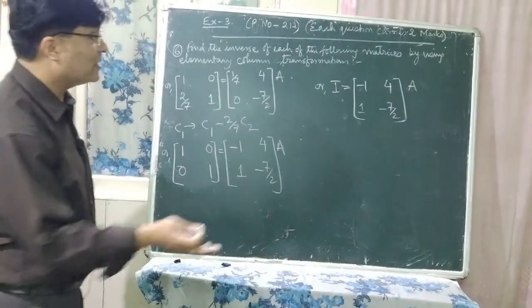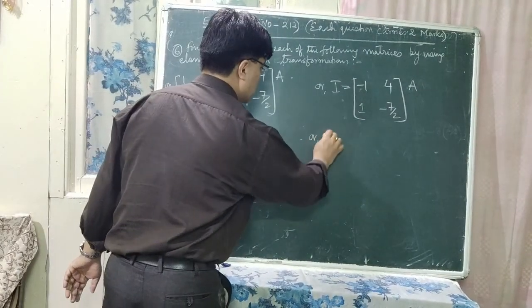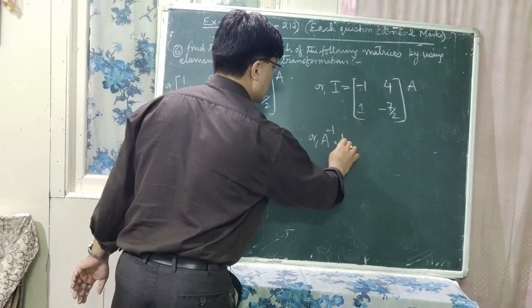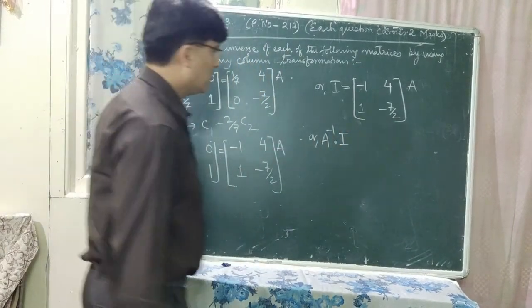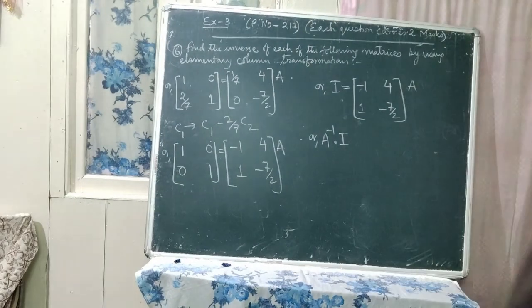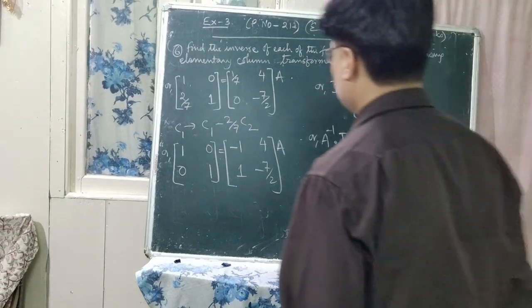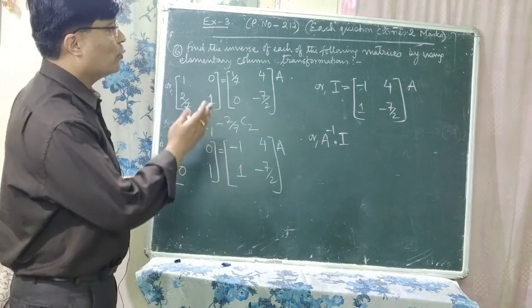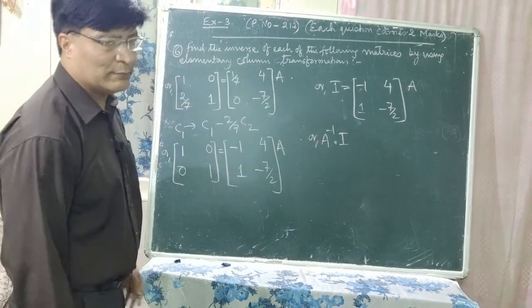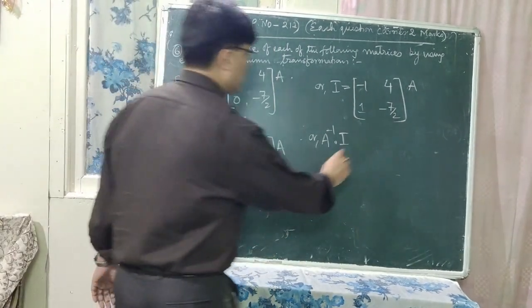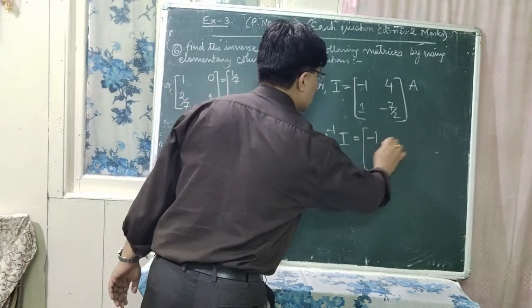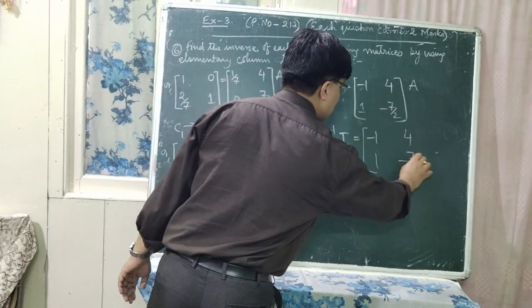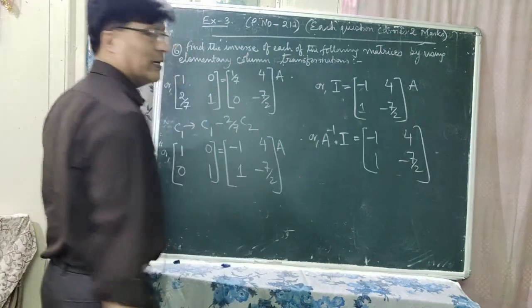Okay, now let us take this A to the left hand side. So it is A inverse dot I. When you take that A to the left hand side, it becomes A inverse dot I is equal to minus 1, 4, 1, minus 7 by 2, right?